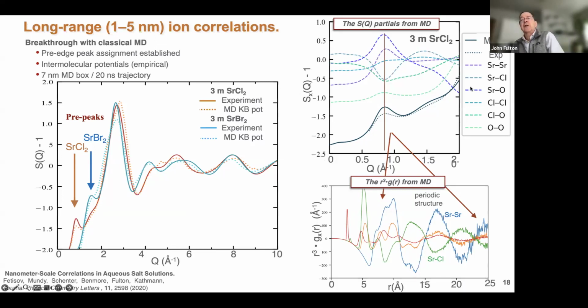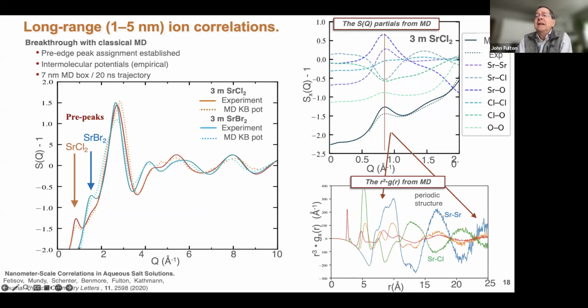Strontium is divalent, so it's strongly electrostatically repulsive. And around strontium, there's a very ordered layer of water. So we get signals not only from the strontium correlation, but also from the water around one strontium with the nearby strontium ions. So we have a strong signal from the cation.